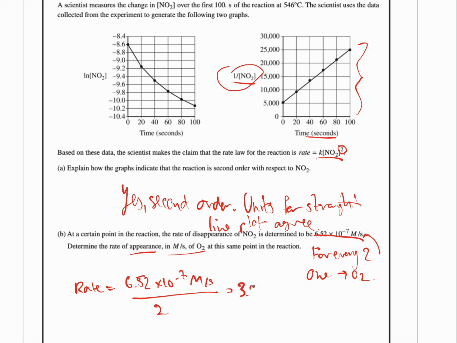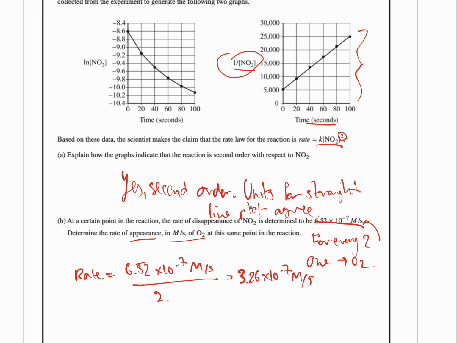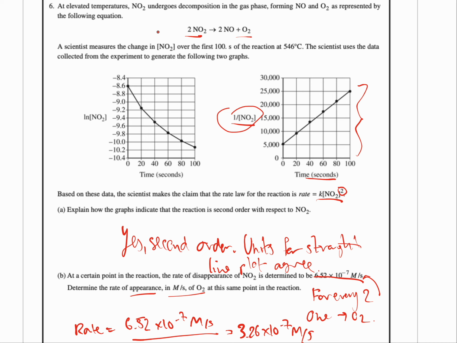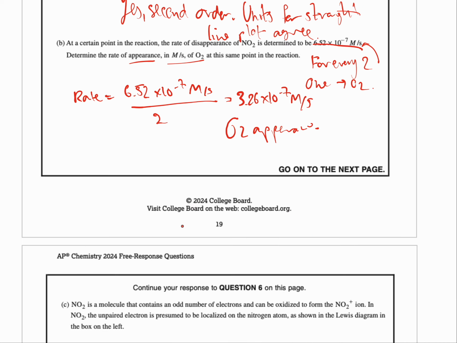I think it's 3.26 times 10 to the negative 7 moles per second. Or maybe it's molarity per second. Yeah, it'd be molarity per second, concentration per second. And I'll just write O2 appearance. Again, this is quite quick math, but the biggest thing is just look at your stoichiometric coefficients. That's how you get this part.